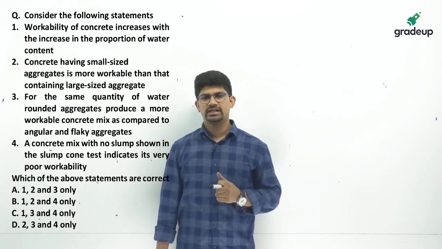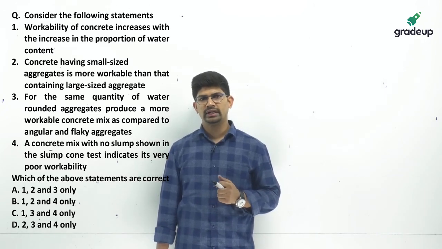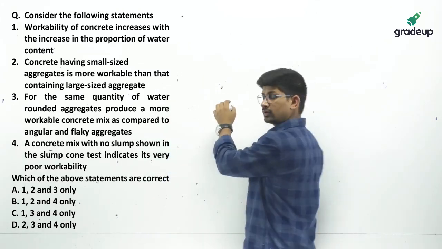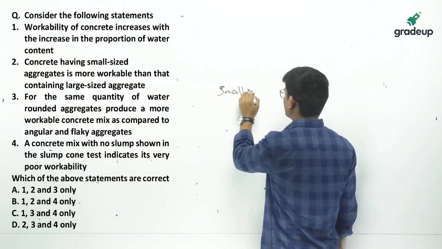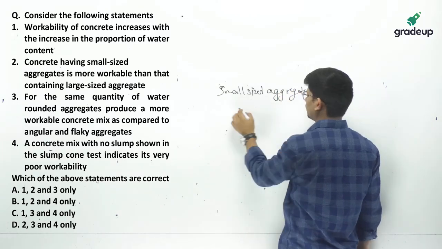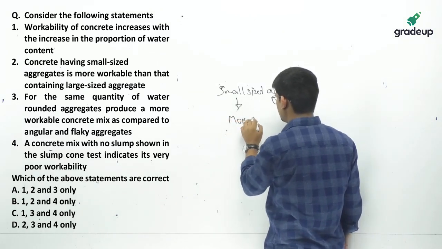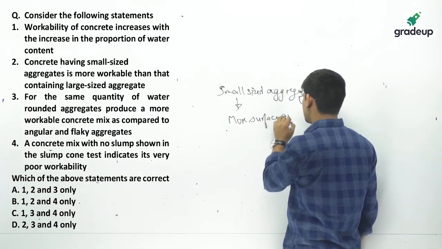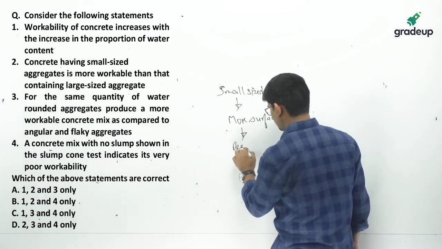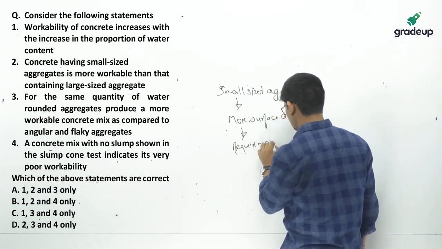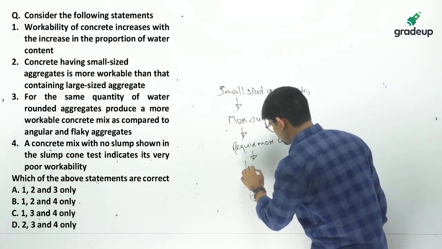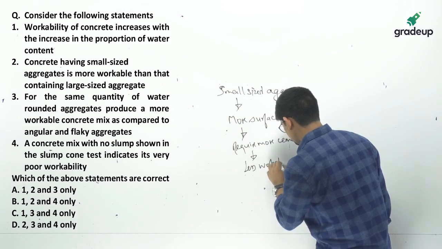So just read these statements and select which of the above statements are correct. Now workability increases with the increase in proportion of water content. Yes, this is correct. Then concrete having small size aggregate is more workable than the concrete containing large size aggregate. Okay. See, small size aggregates will have more surface area, and more surface area will require more cement paste, so hence less workability.